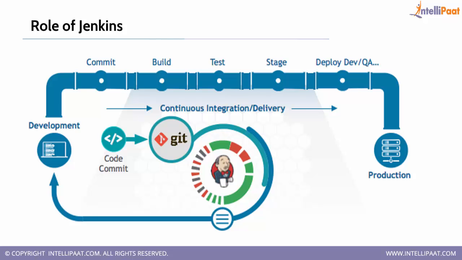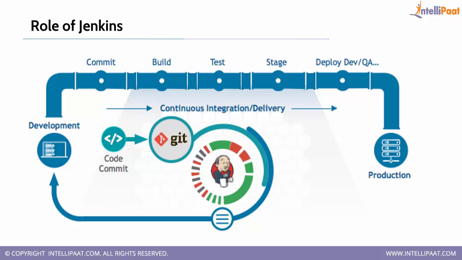The test cases can also be run by plugins like JMeter, or we can use something like Maven as well to run the test cases, and then the tests are overseen by Jenkins again, and then it moves on to the staging server where it is deployed using Docker, and after a series of QA and sanity tests, it moves on to the production.